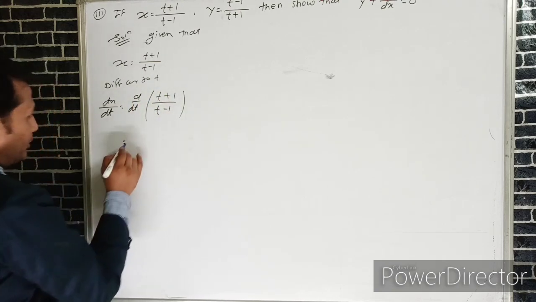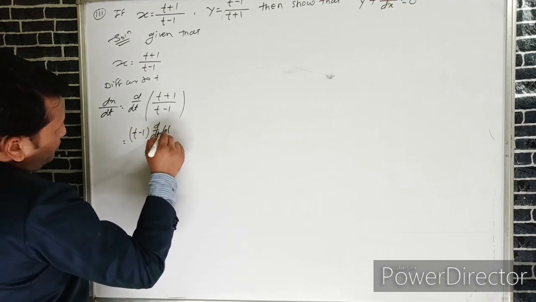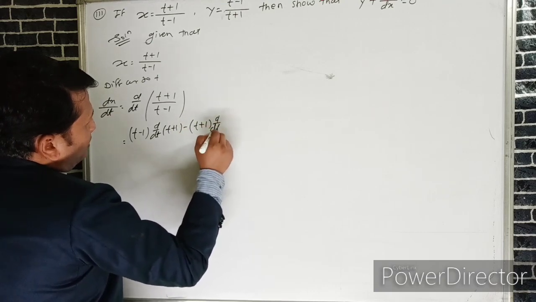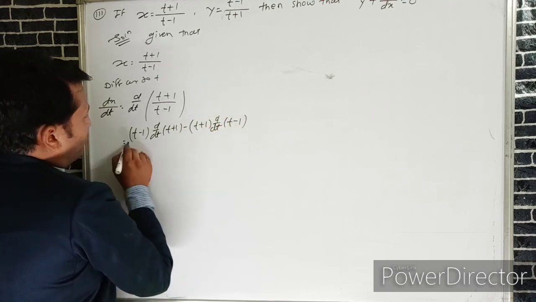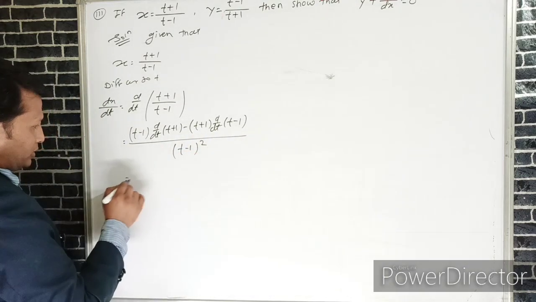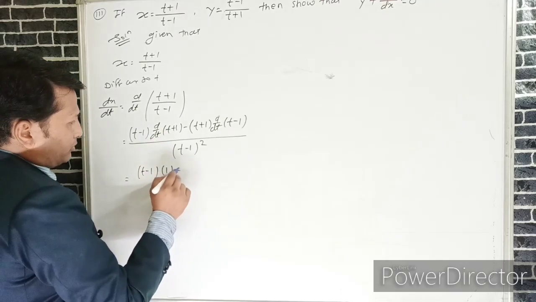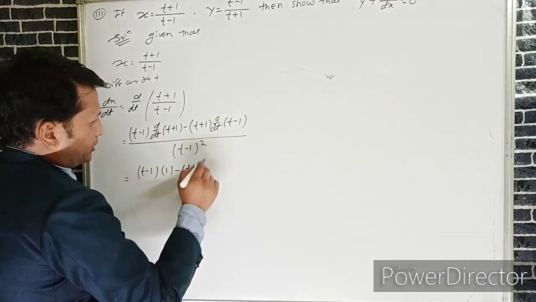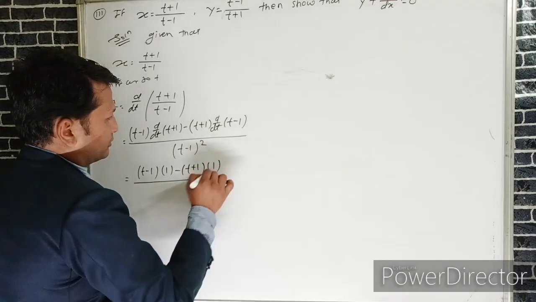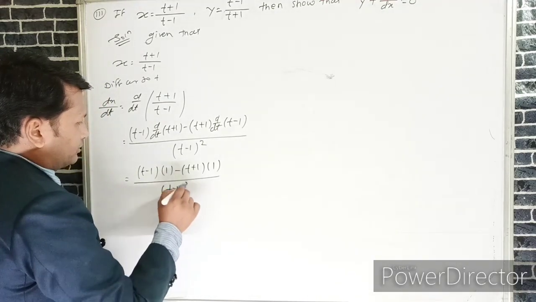We know that the derivative of u upon v is denominator into derivative of numerator minus numerator into derivative of denominator, upon t minus 1 whole bracket square, which is t minus 1, derivative of t is 1, then 0, minus t plus 1, derivative of t minus 1 is 0 minus 1, upon t minus 1 bracket square.